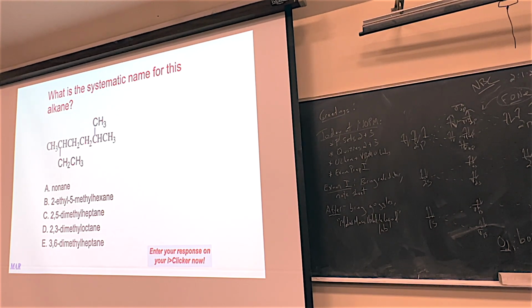So 1, 2, 3, 4, 5, 6, 7. So I get the most carbons in my chain when I do this. Because of the longest chain, this compound is going to be a heptane. Hept is 7, and heptane is the longest one. It's not going to be a hexane because hexane is only 6, heptane is 7.